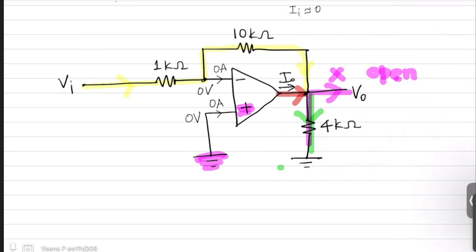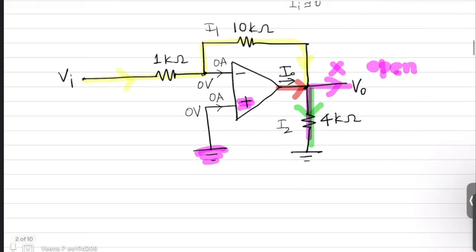So let that current be named I2 and the input current be named I1. The capital letters are denoting phasors because it is an AC circuit. Usually we use capital letters for DC components or constant components. Here I am representing them as phasors.